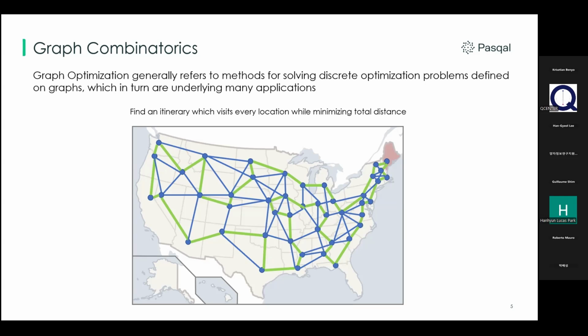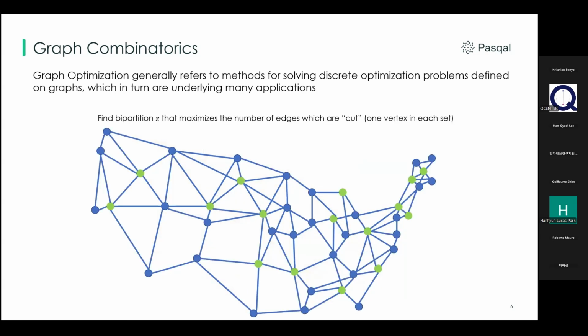This is not the only type of graph combinatorics problem we can define. So here, in an unweighted version, without travel costs, this is a very simple search method, but we can look for much more complicated problems as well.